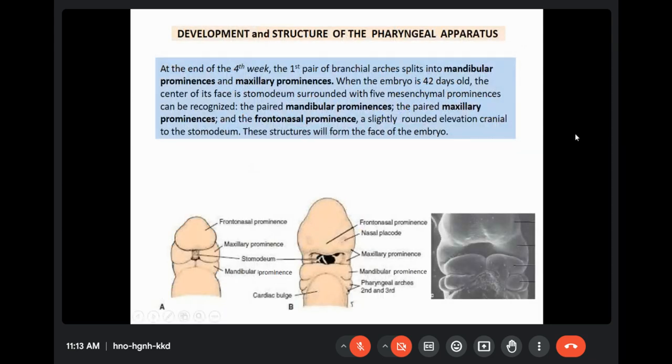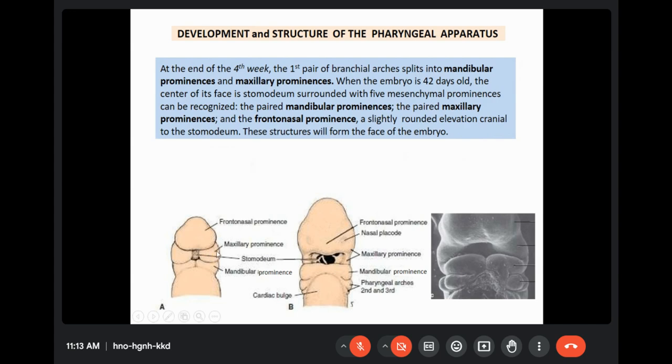Also, at the end of the fourth week, the first pair of branchial arches splits into the mandibular process, lower, and the upper maxillary process, or the same prominence. Mandibular prominence, lower one, and maxillary prominence.